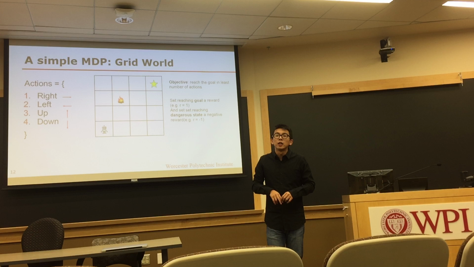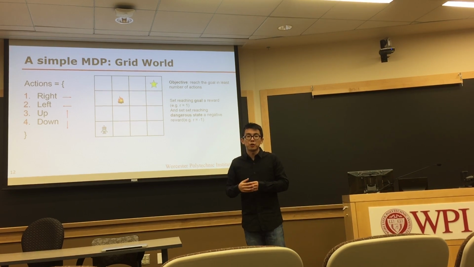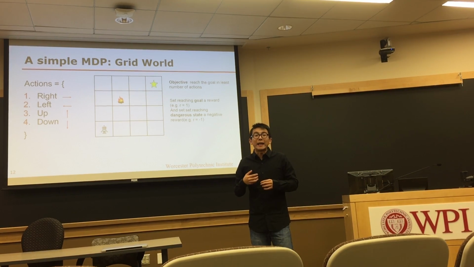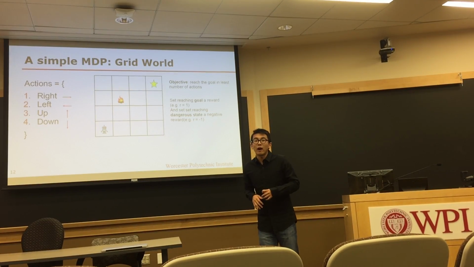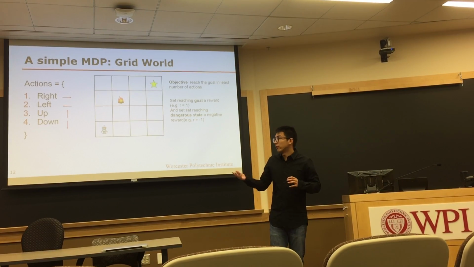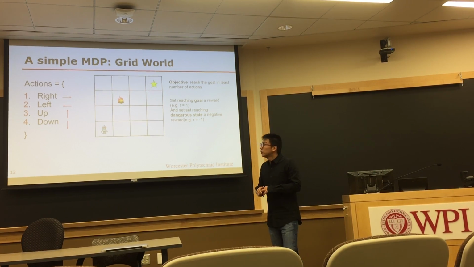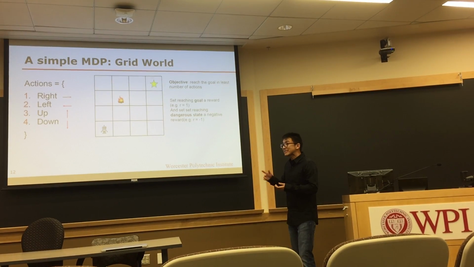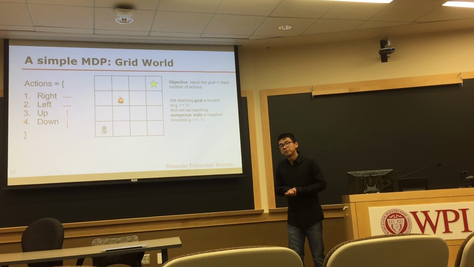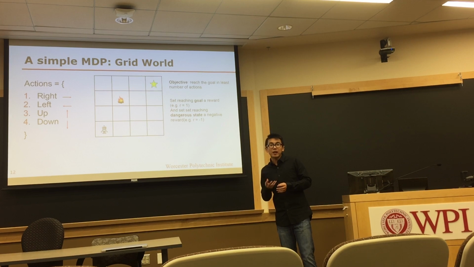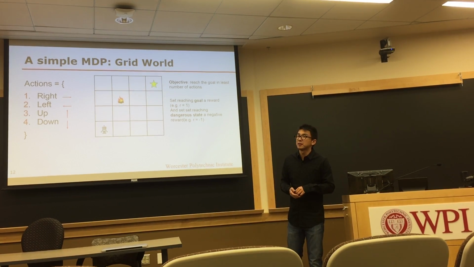By doing that, the reinforcement learning method would enable the robot, the agent, to reach the goal while avoiding the obstacle or the fire autonomously. This is a very naive, simple example, but it is the prototype for many problems.